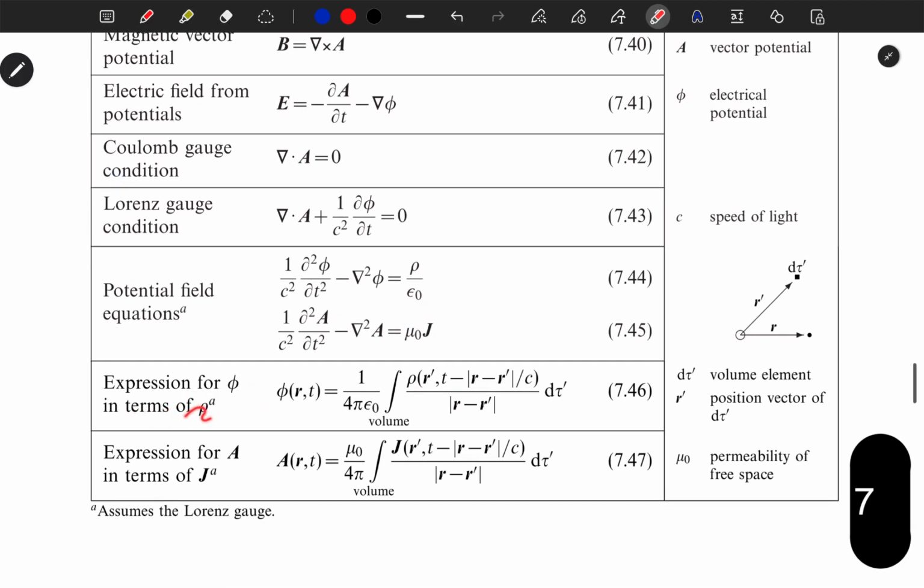Expression for phi in terms of rho: phi equals 1 by 4 pi epsilon 0 integral of rho d tau by the magnitude of r minus r dash. For A, mu 0 by 4 pi integral of J d tau divided by r.